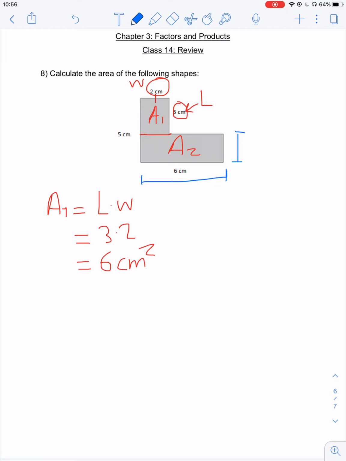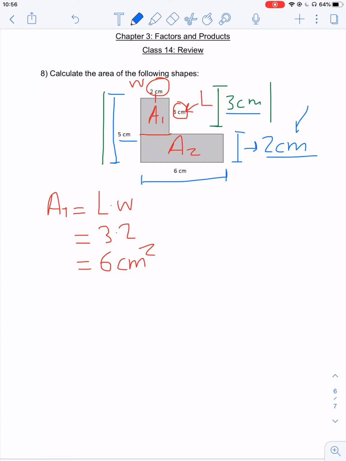But what you do know is this much over here is 5 centimeters, and this much over here is 3 centimeters. Because this is 5 and this is 3, then this has to be 2, because 2 plus 3 should give you 5. That's how you find this length.